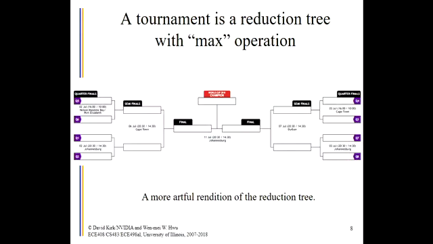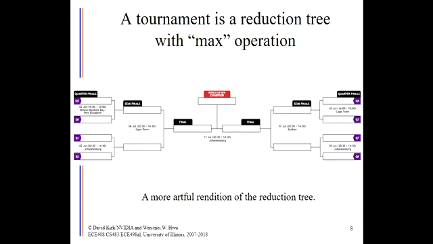Now, the world has been using reduction trees for a long, long time. Any tournament that we see is a reduction tree. This particular picture is the 2010 World Cup soccer tournament in South Africa.